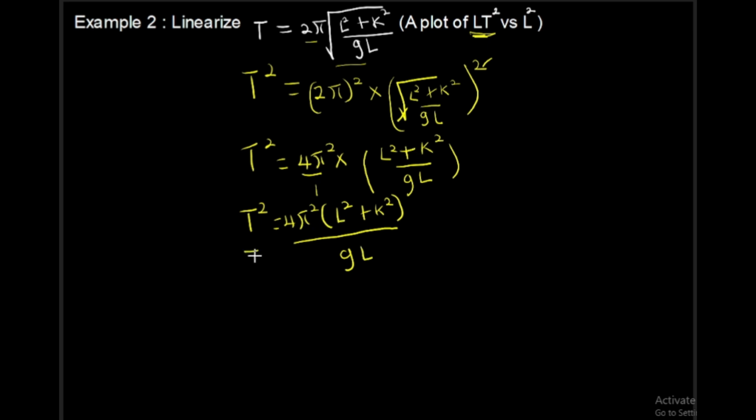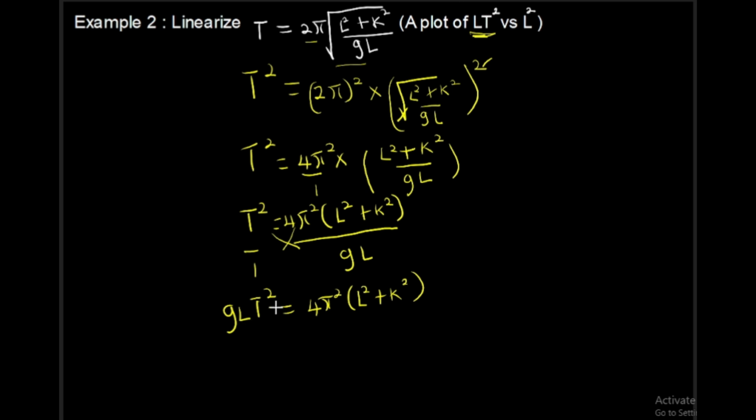Now if we cross multiply here, that will give us GL times T squared, so we have GLT squared equals 4 pi squared times L squared plus K squared times 1, which gives 4 pi squared (L squared plus K squared). Then we need to make LT squared the subject of the formula.